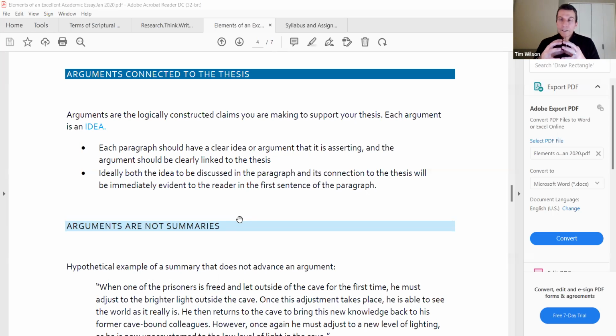It should be very clear from the first sentence how it's linked to the thesis. Right off the bat, when I'm reading that first sentence, it has to be clear why I'm reading it. What has it got to do with what you just talked about in terms of your thesis? Okay.